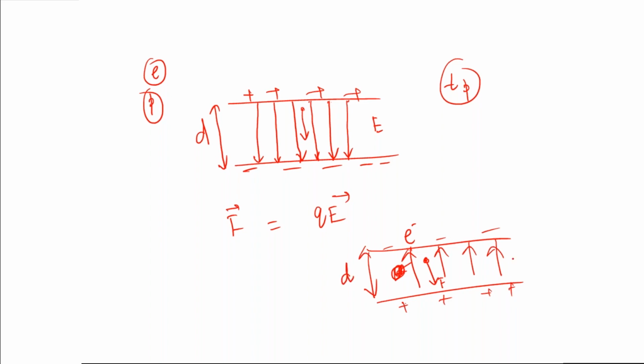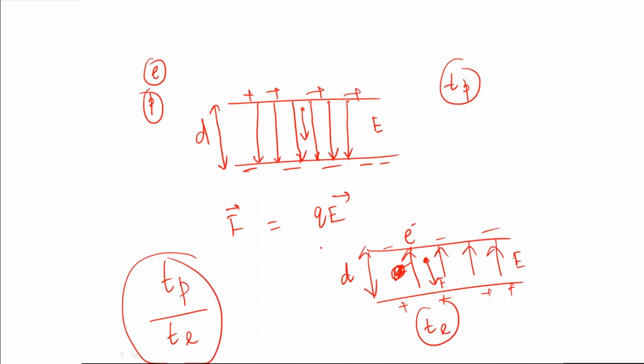Now they will ask you to find the ratio of TP by TE. Can you tell me? Uniform electric field. You just think for 5 minutes maybe, or do it if possible, or otherwise, if you are not understanding anything, you tell me. I'll tell you the answer.